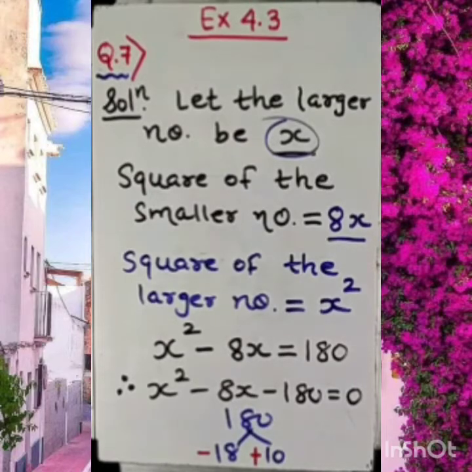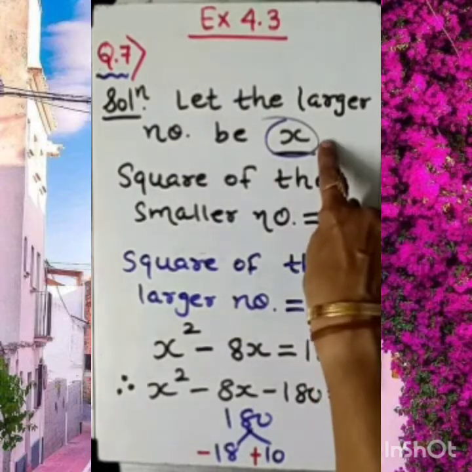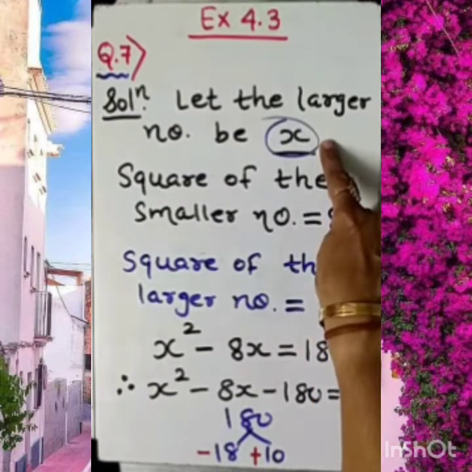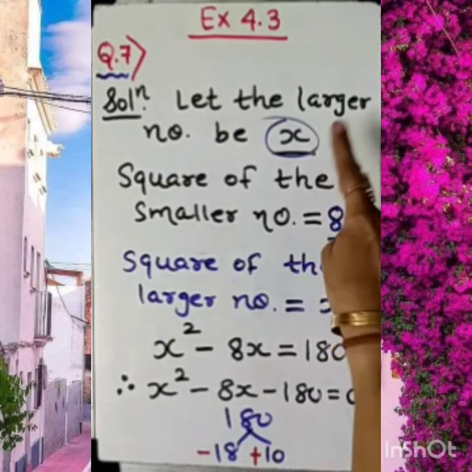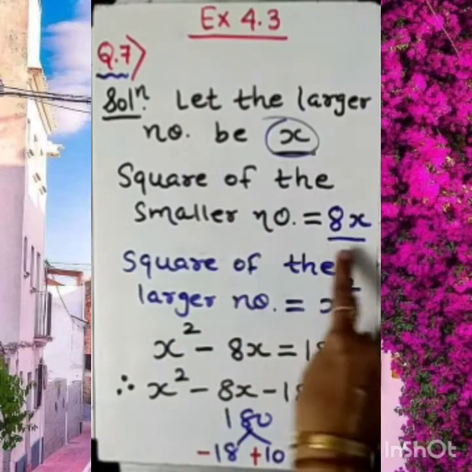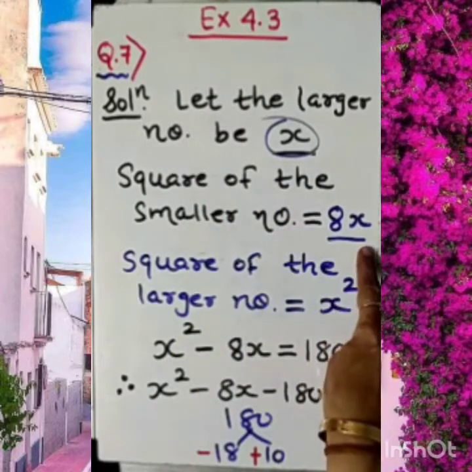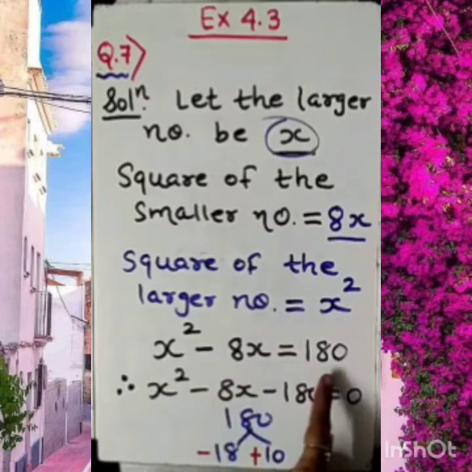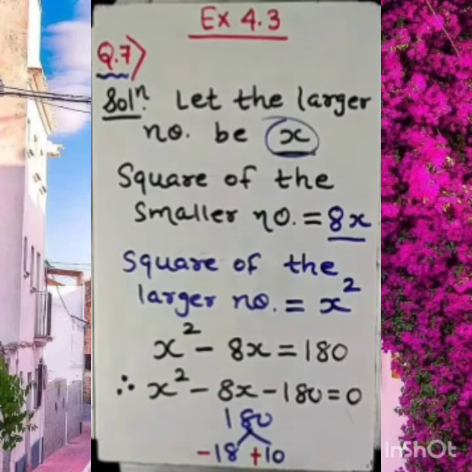So now let's solve further, but keep this in mind. We have assumed the larger number as x and the square of the smaller number is 8x. Okay, now this is our equation. In this equation I am splitting it like minus 18x plus 10x.